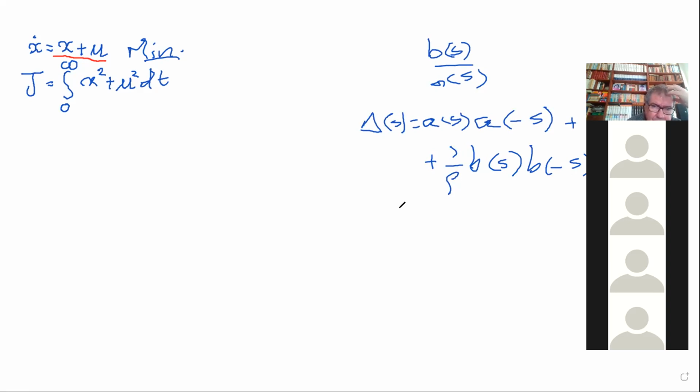Okay? And remember that our J is the integral of y squared between 0 and infinity plus rho u squared. So what is the value of rho in this problem?